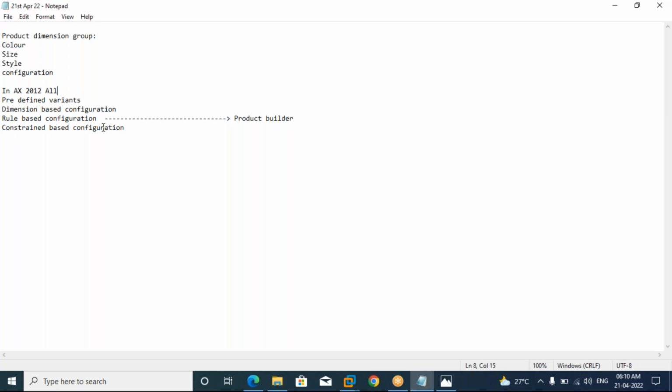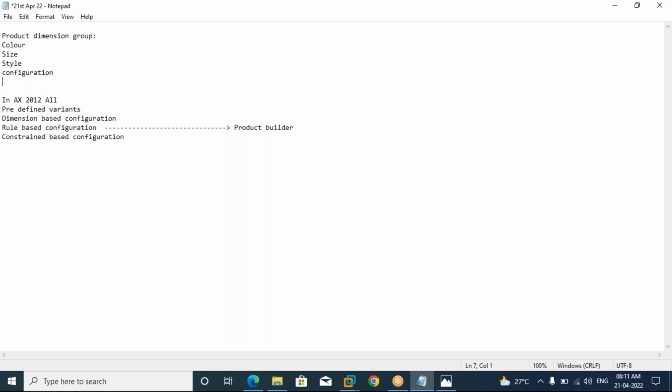But this was deprecated, and it was explained clearly when AX 2012 was released. At that time, Microsoft publicly informed that rule-based configuration technology is going to be deprecated, and this constraint-based configuration technology is not available in AX 2009.